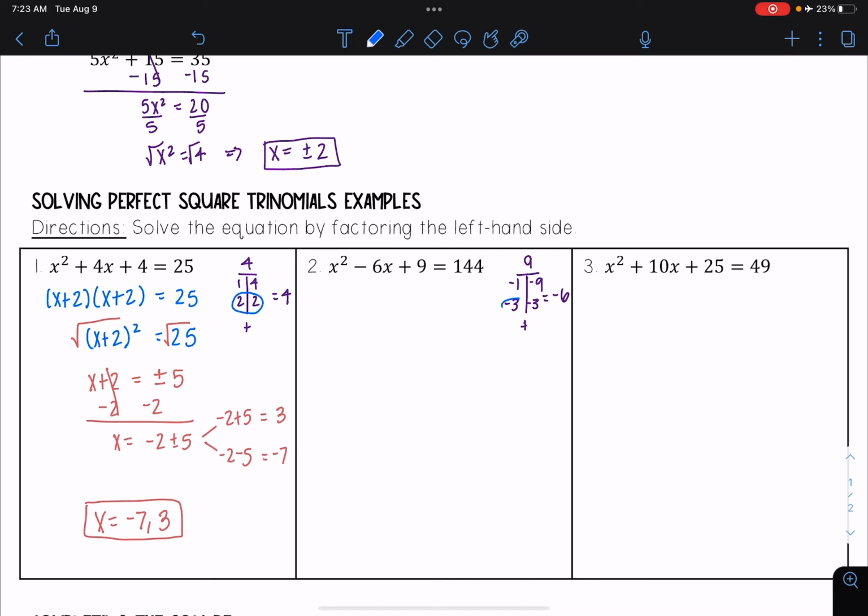So I see my answer here is negative 3 plus negative 3 equals negative 6. And so that means I can factor this left-hand side to be x minus 3 times x minus 3 is equal to 144. But here I'm multiplying the same thing twice, so that can be rewritten as x minus 3 squared is equal to 144.